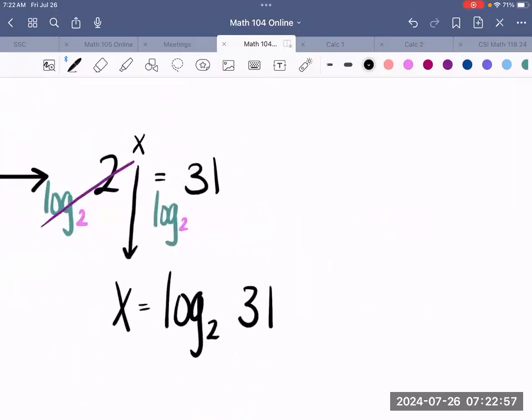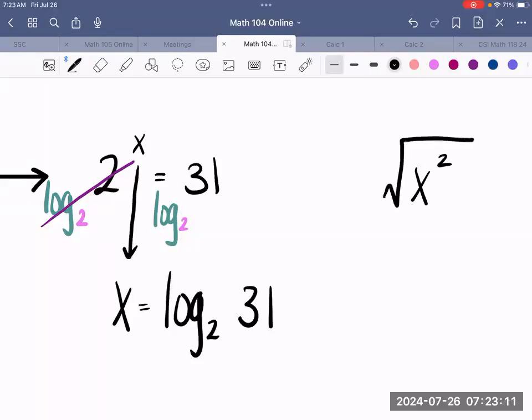Now, the reason they cancel is that if you take, for example, x squared, how do you undo a square? Well, you take the square root of it. I won't get into the nitty-gritty of the plus or minus; for right now, we're just taking the square root.